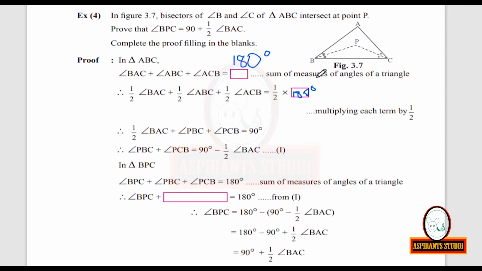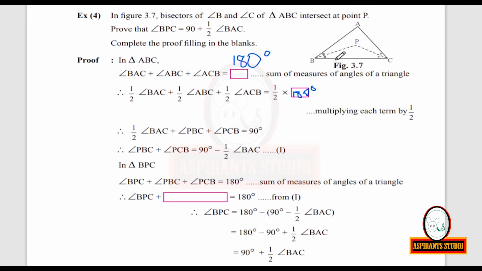And half of angle ABC is angle PBC. You take angle PBC because we are going to consider triangle BPC. Because we want to prove angle BPC is equal to something, we are going to concentrate on triangle BPC. So for our convenience, we are not taking half of ABC as angle ABP.